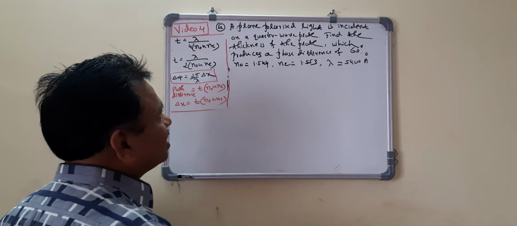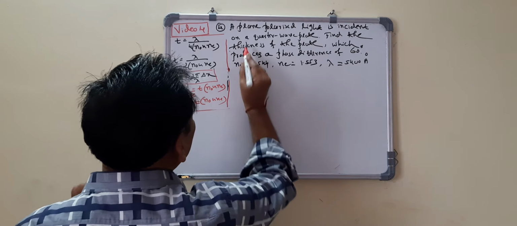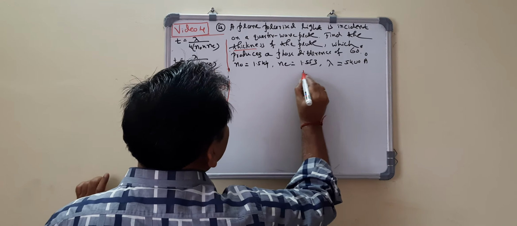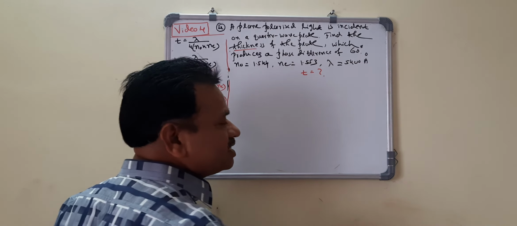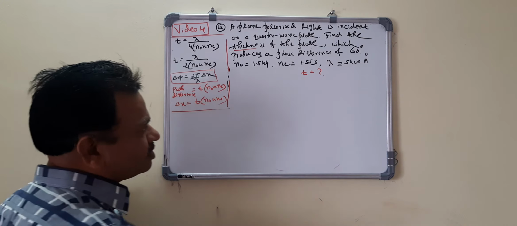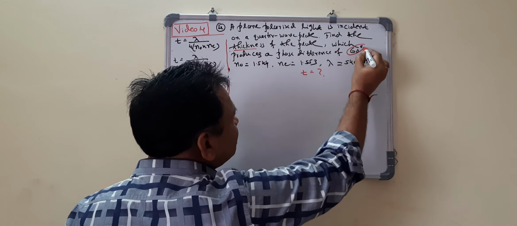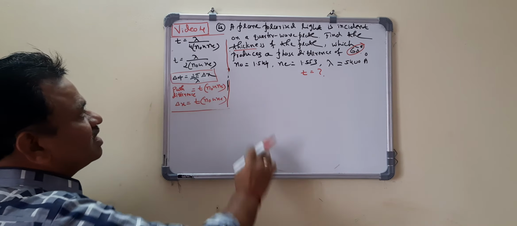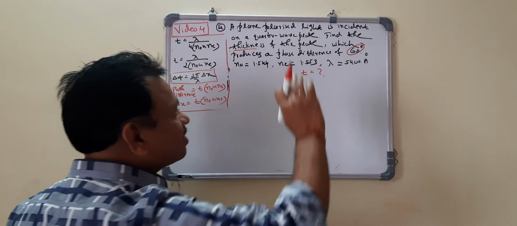To calculate thickness, you have to calculate T, which produces a phase difference between O ray and E ray. What is the phase difference here? 60 degree. NO value is given, NE is given, and lambda is given.